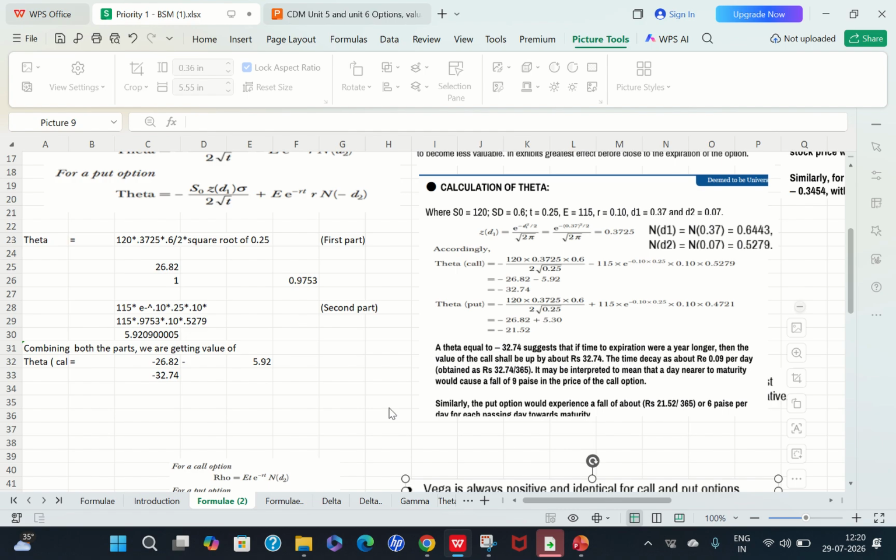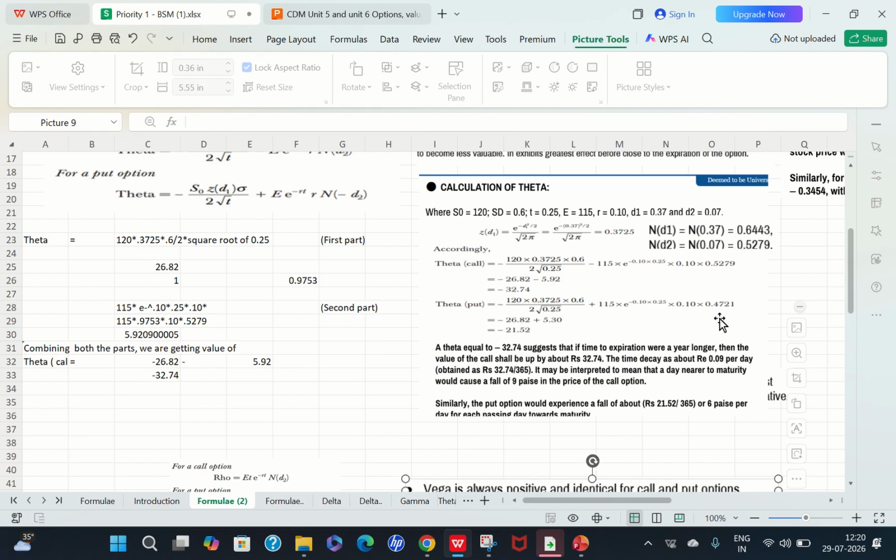Right. So theta call and theta put, the only difference is the signs, you have to be very careful. And in the last part, where here we say 0.5279, here it will be 0.4721.